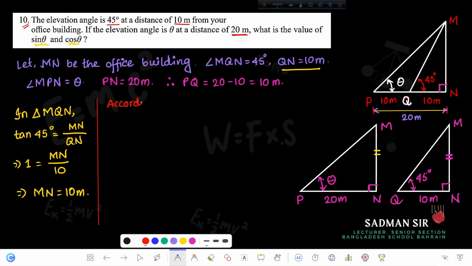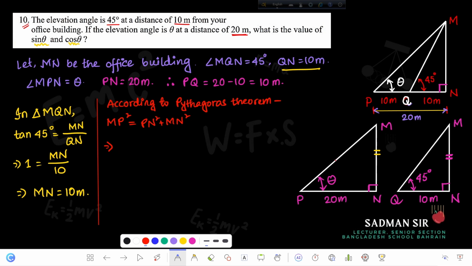According to Pythagoras theorem, what we can write? 90 degree opposite, it is hypotenuse. So MP square equal to PN square plus MN square.